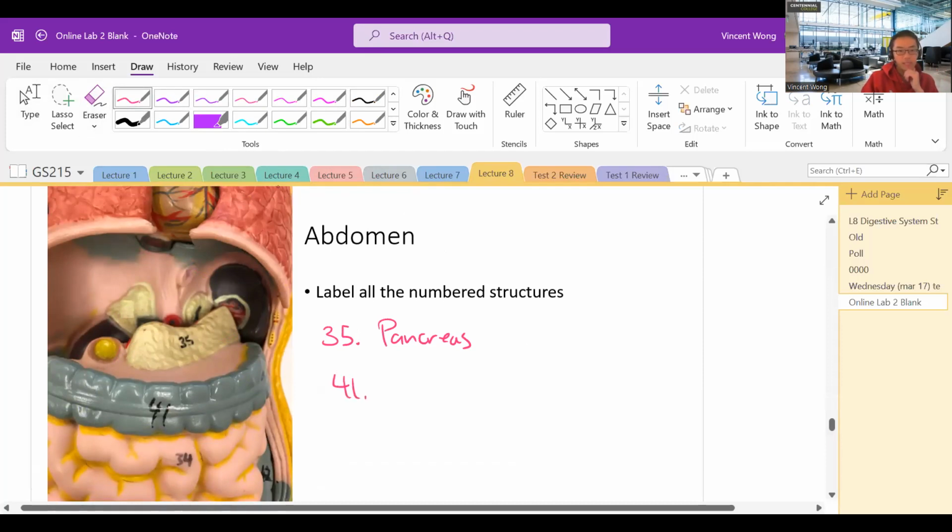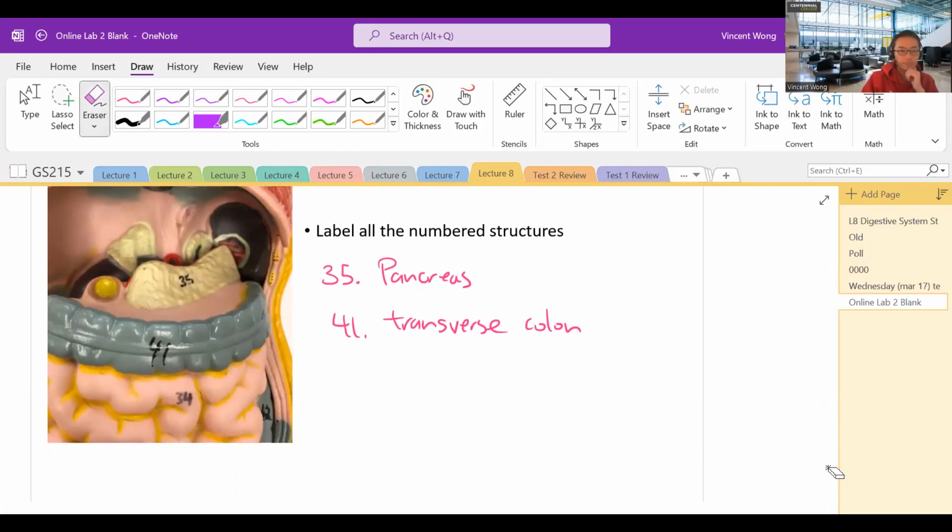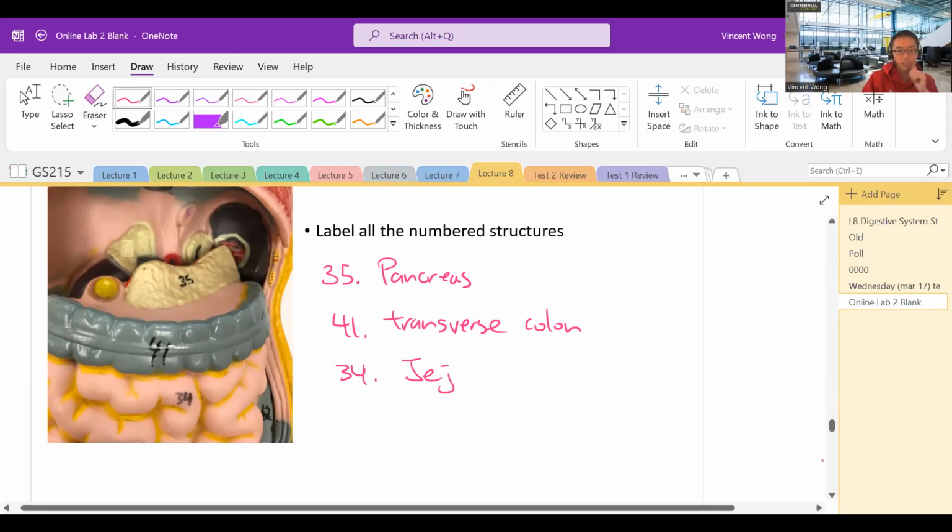41, that's the transverse colon. 34 here, that would be the second part of the small intestine, the jejunum, which is for nutrient absorption. And there's one thing that's over here. You can't really see it, but it's 42.